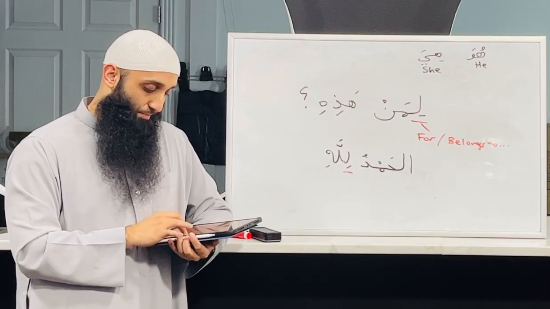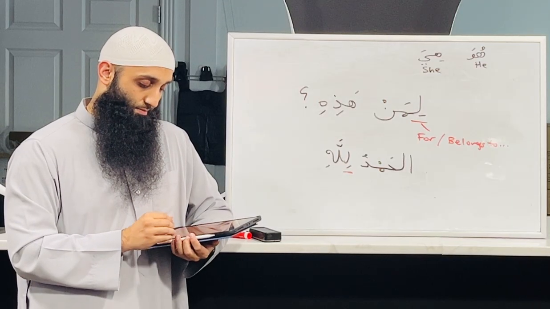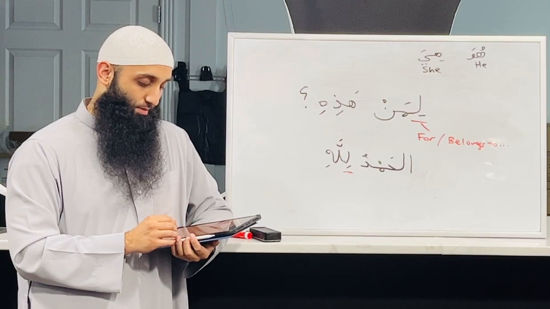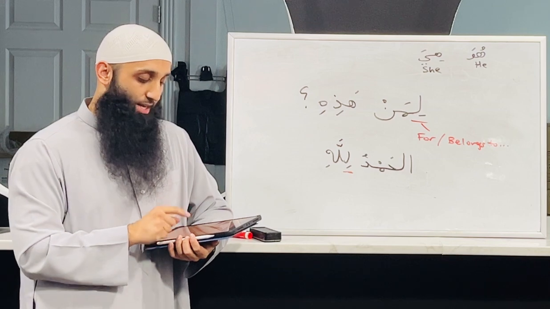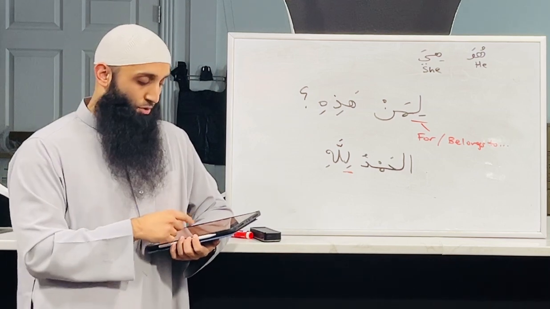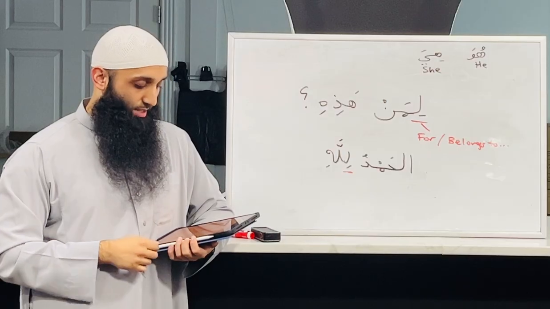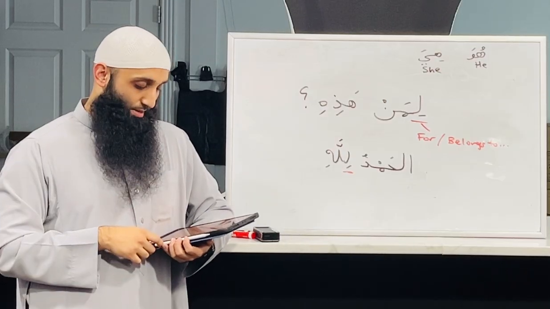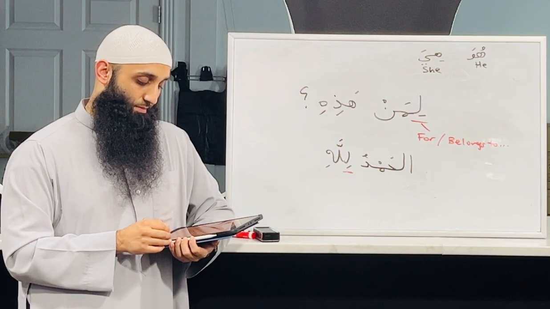Next sentence. Hadihi udhun wa hadihi 'ayn. So hadihi is for feminine. Udhun, what is that? Ear, perfect. Wa hadihi 'ayn. What's 'ayn? Eye.